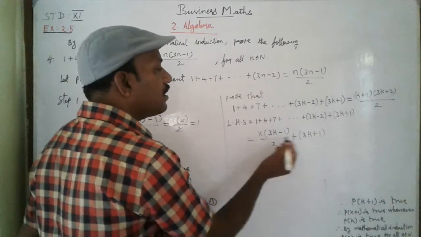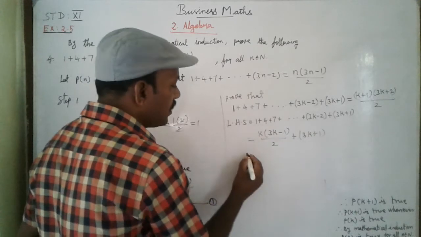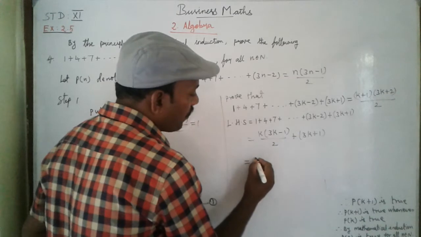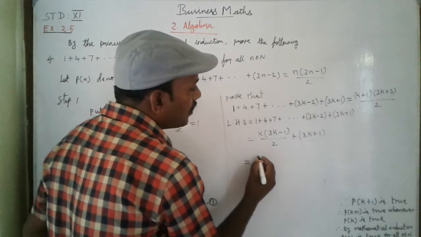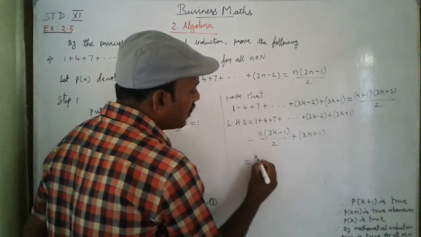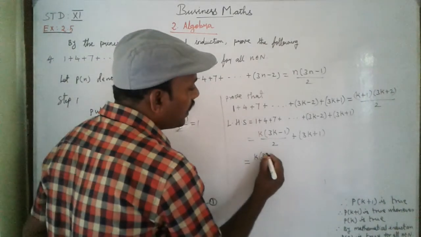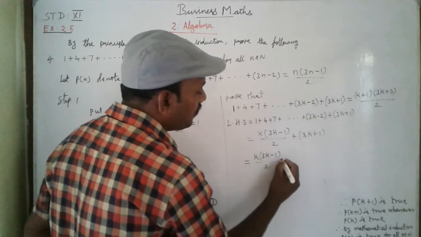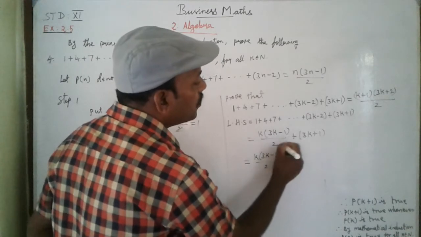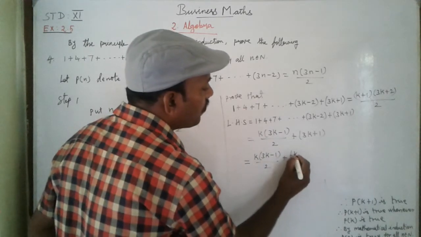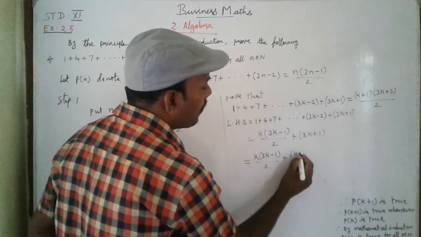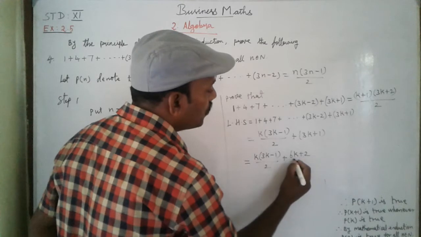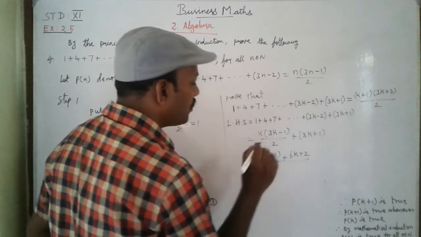Cross multiply here, plus 2 3s are 6k, 1 2s are 2, plus 2, whole divided by 2.